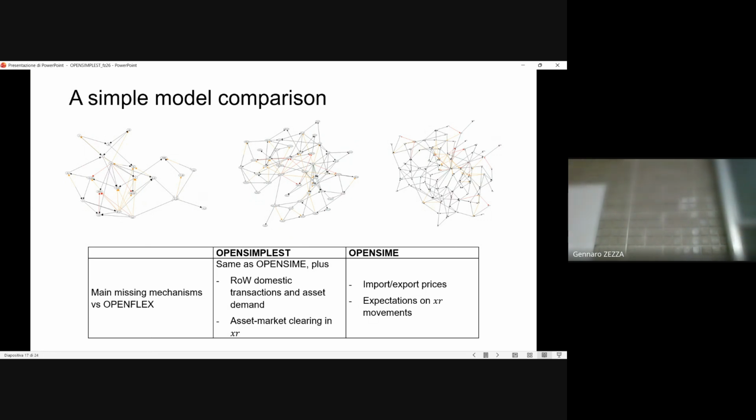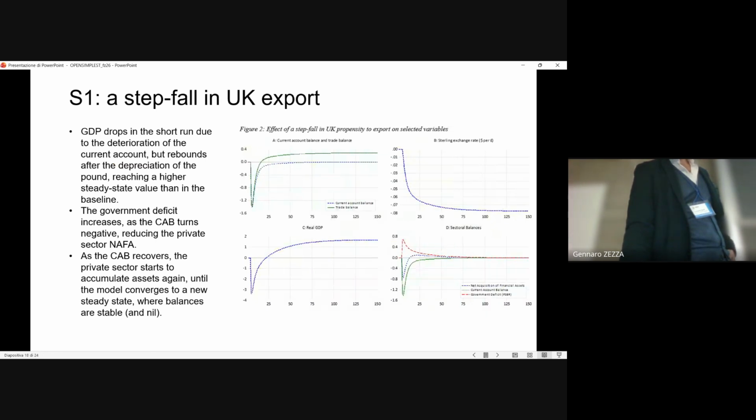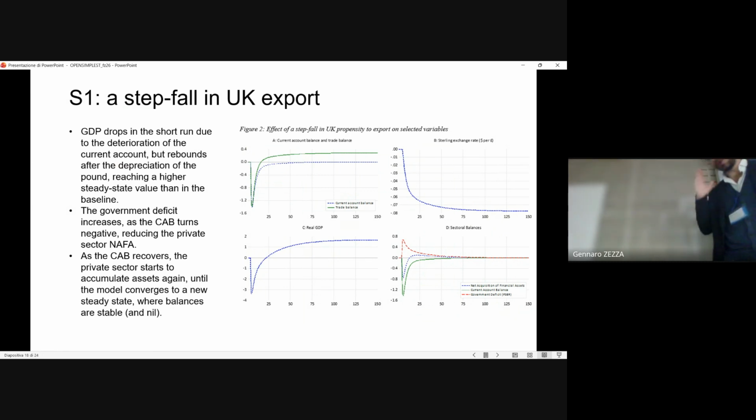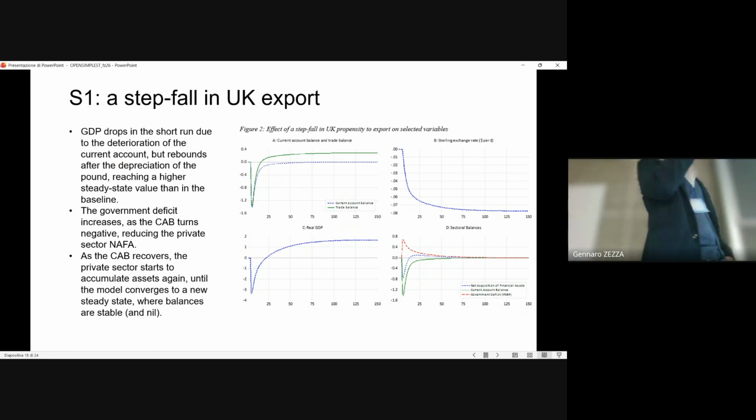And then there is the different exchange rate closure. But as I will show you in a second, the results are the same. So I replicate all the shocks that appear in the Godley-Lavoie chapter 12 and in the article by Emilio Carnevali.